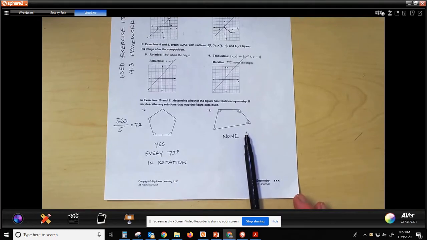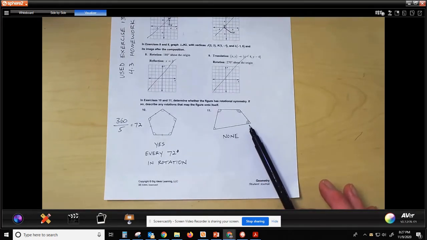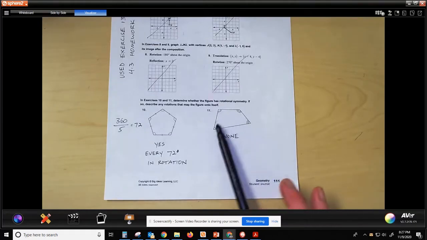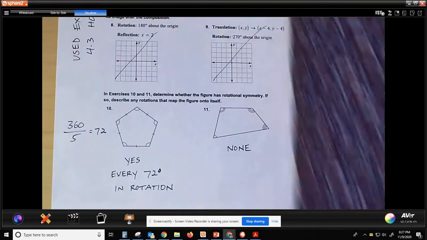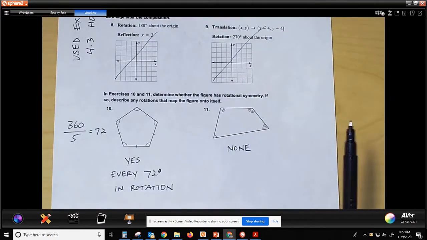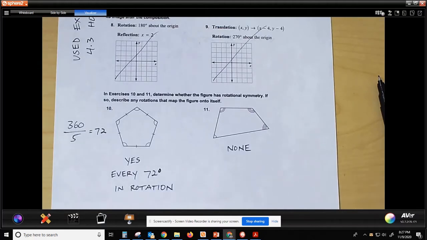Now it shows me 1, 2, 3, 4. It shows me that none of these angles are the same size. There is no symmetry to this figure. Any way I fold it, there will be no symmetry. And if you rotate it, it will never map upon itself as a rotating figure, no matter where the center of rotation is. But the one on the left, yes, it has rotational symmetry.